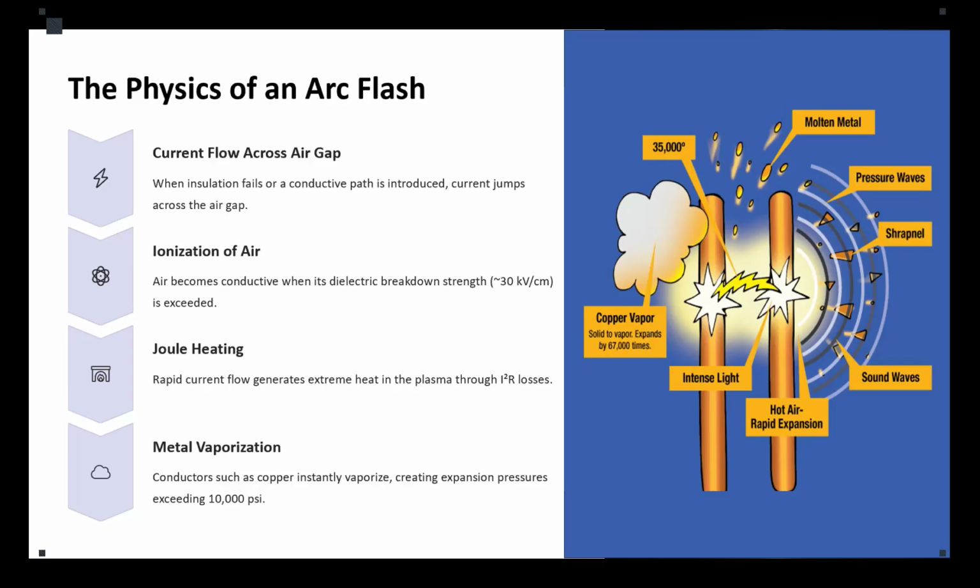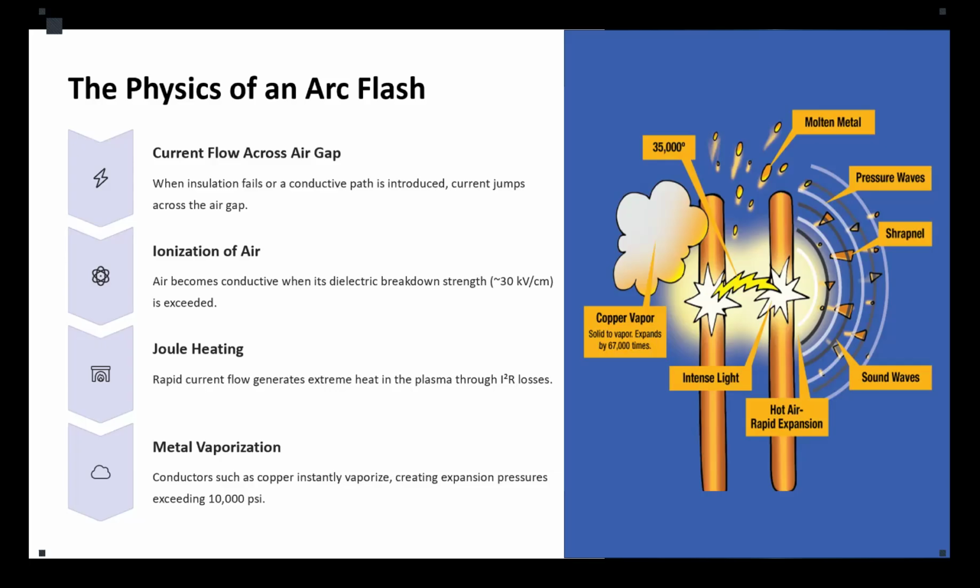Normally, as we said, air is a strong insulator, but sometimes we have a problem: we exceed a certain threshold due to aging, moisture, contamination, or even the level of the voltage, or when we drop a tool that reduces that air gap and causes a short circuit.